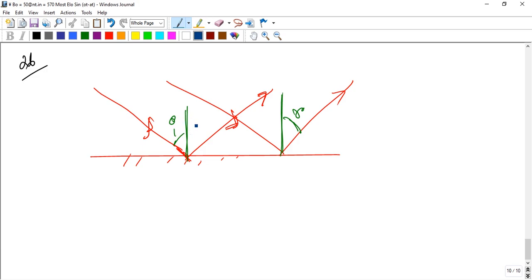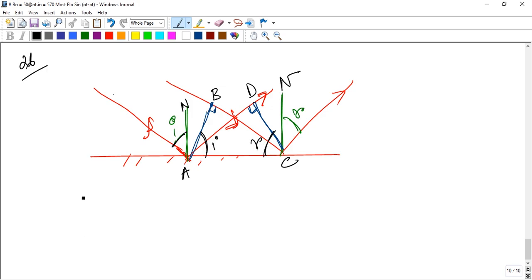These are perpendicular lines, that angle is 90 degrees. Here also is a perpendicular line, this angle is also 90. Give the names A, B, C, D, and the normal. If that angle is I, then this angle is also I, and this angle is also R.